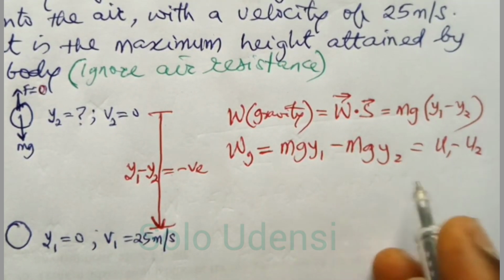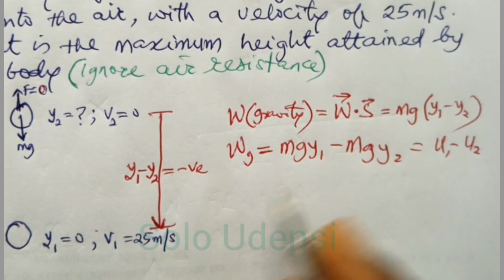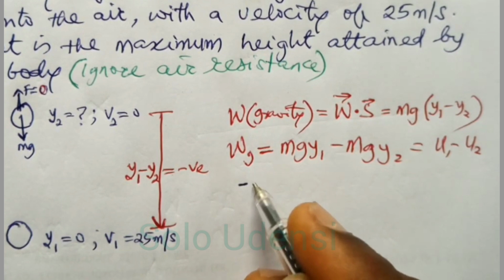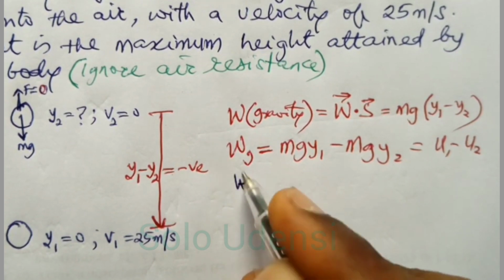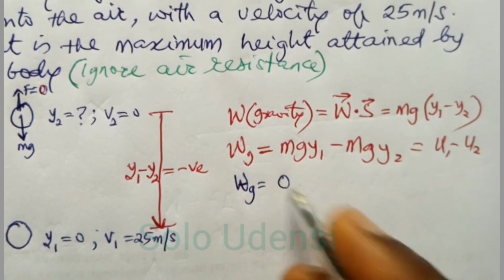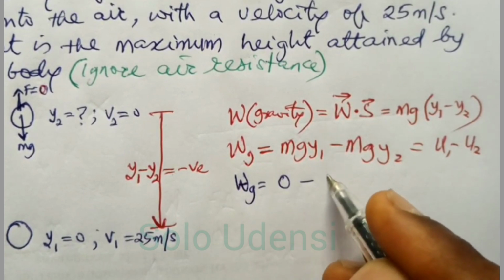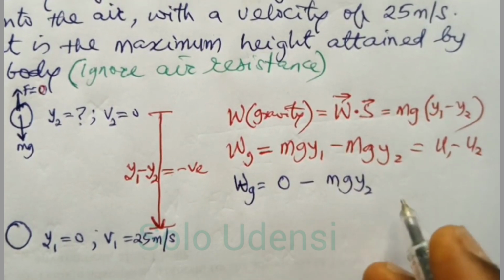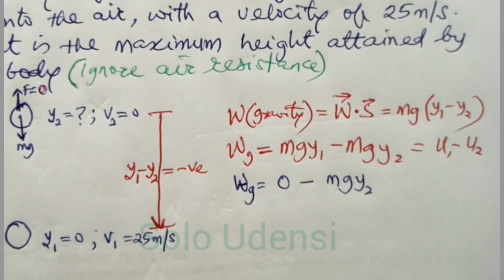Here y1 is 0, and at the maximum height it is something. So Wg is equal to 0 minus mg y2. Let's keep it and look at the other thing.